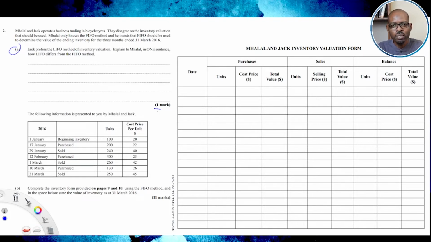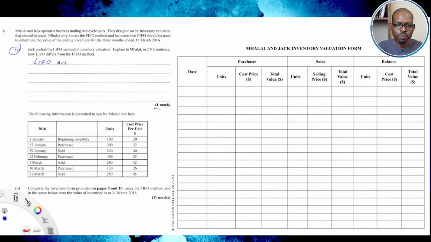Now, there are two assumptions that are made here. In the Fifo method, it is a method of inventory valuation that assumes that the stock that is sold first is the stock that was received last. And that's why it's called Fifo, last in, first out.